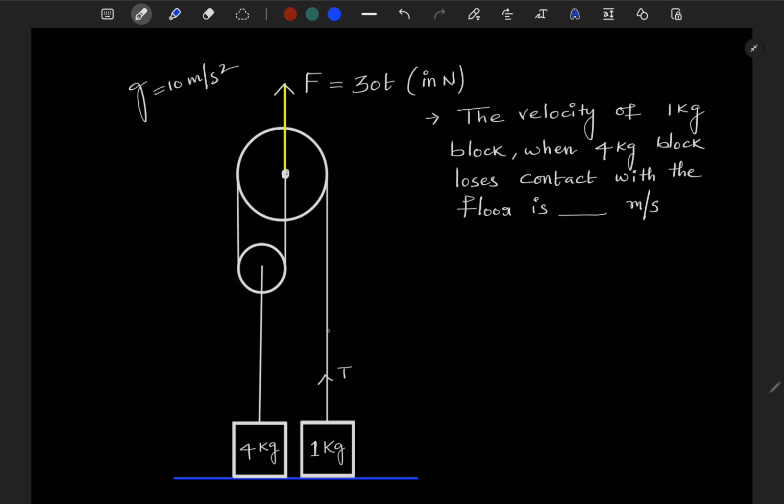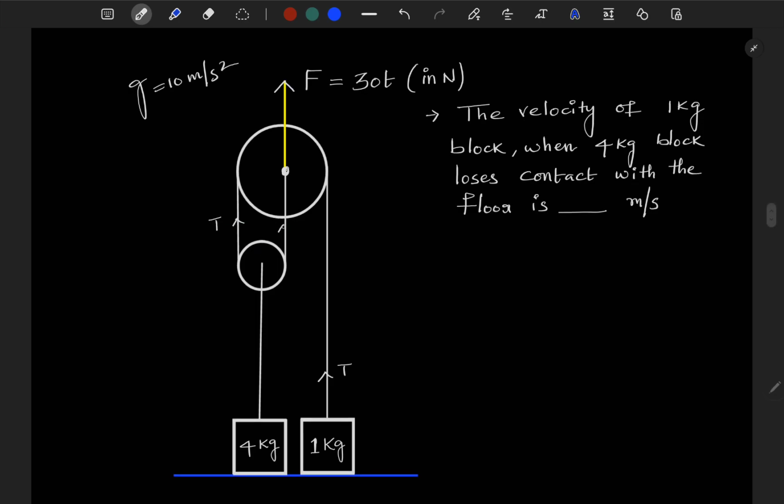If you go on with this entire string, the same string, here also the tension becomes T, and this is T again, so that means this bigger pulley is being pulled with 30t, which is equal to T plus T plus T. So I can write 3T is equal to 30t. Here capital T is for tension and small t is for time.